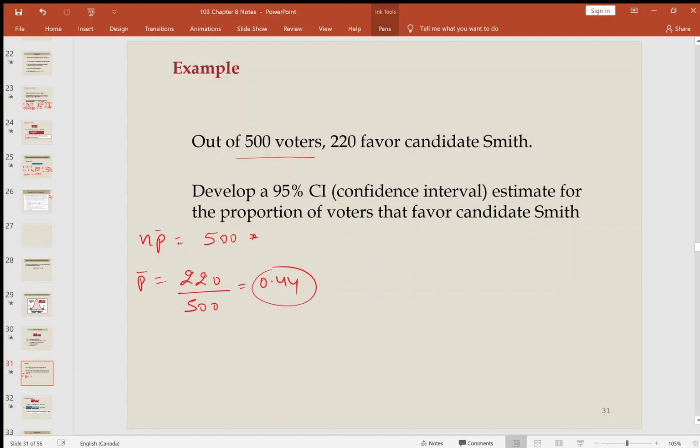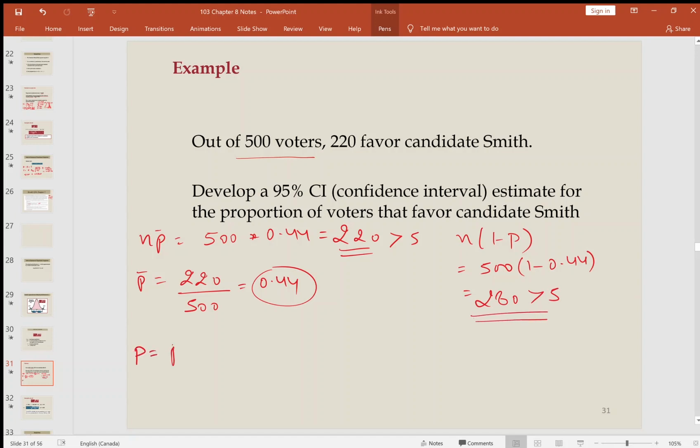Okay, so 500 times 0.44 is equal to 220, which is more than 5. Similarly, N times 1 minus P is equal to 500 times 1 minus 0.44, which is equal to 280. This is also more than 5, which basically means that we can use this formula.